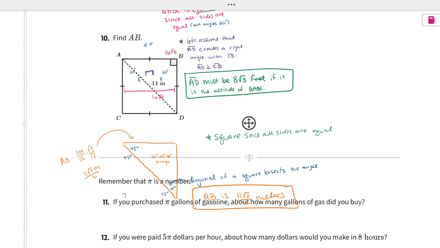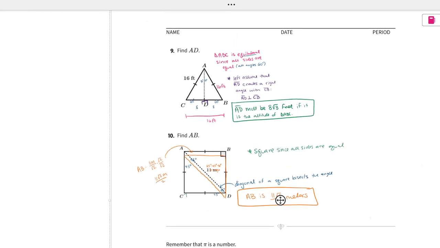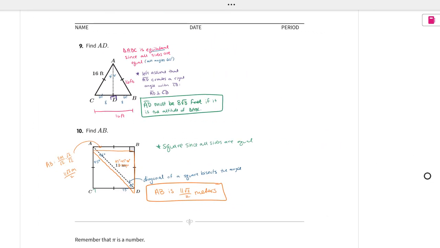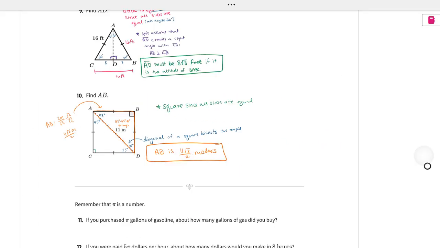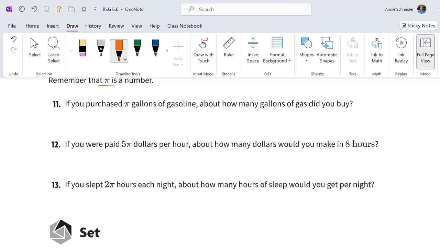Okay, let's move on to question. I'm accidentally highlighting my page. There we go. Question 11. Okay. So it reminds us that pi is a number here. It says, if you purchase pi gallons of gasoline, about how many gallons of gas did you buy?